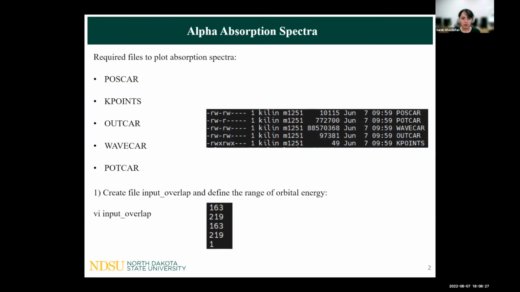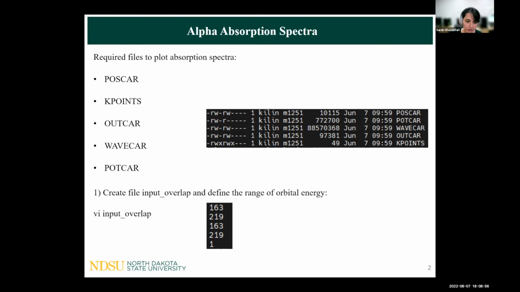The files that we require for plotting the absorption spectra are POSCAR, KPOINTS, OUTCAR, and WAVECAR, with the POSCAR for the optimized geometry. Then the first step is we need to create a file, as others explained, input overlap, and set the range of orbital energy that we want.